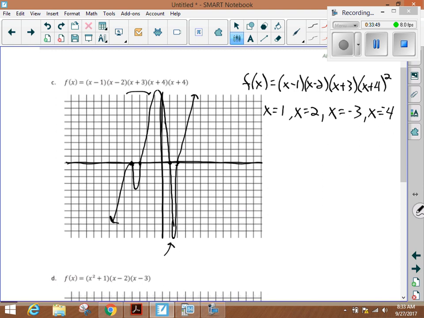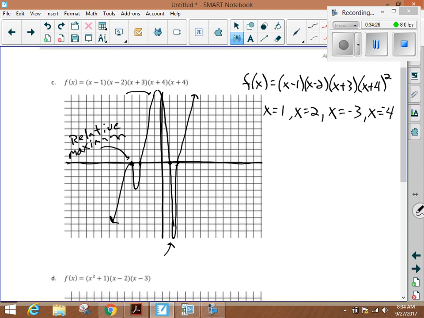So on our graph, any place where we have a turn, right, where the graph goes from moving in the positive y direction to the negative y direction, we call that a relative maximum. Any point where the y values of the graph turn from decreasing, right?